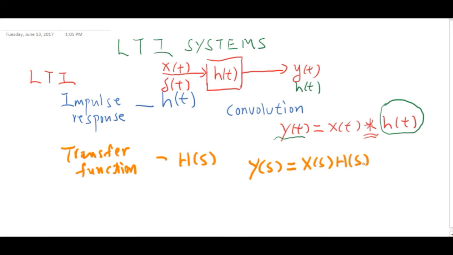So in the Laplace domain, we do not need to do the complicated calculation of the convolution, but this is carried out by the Laplace transform.